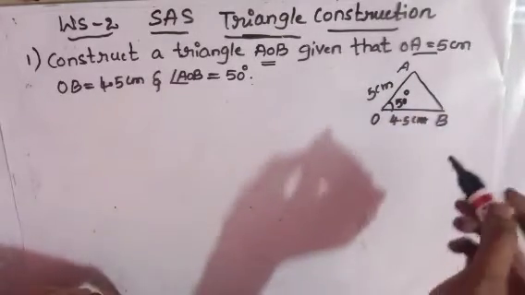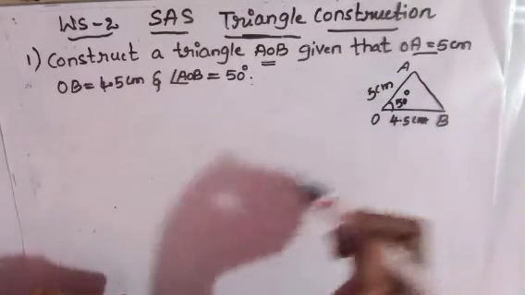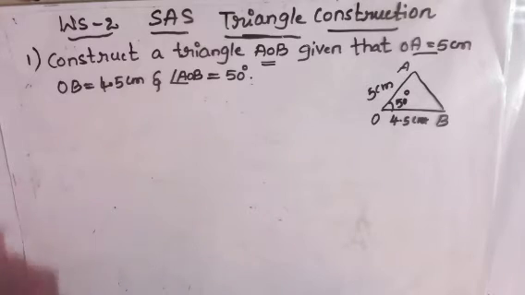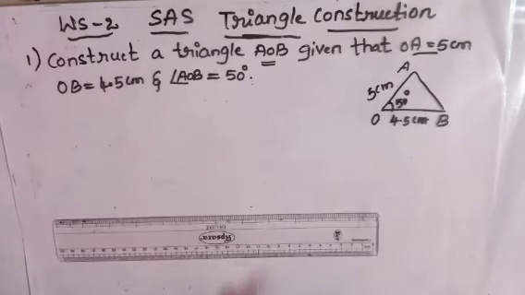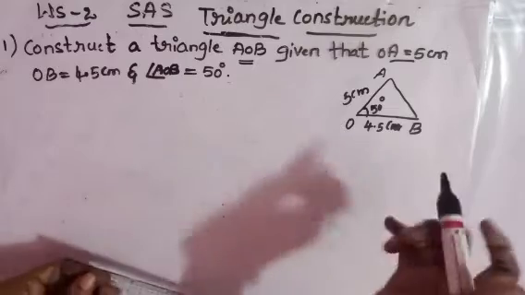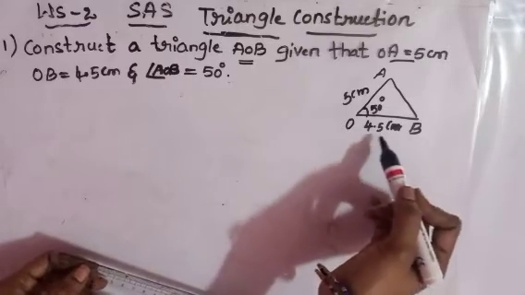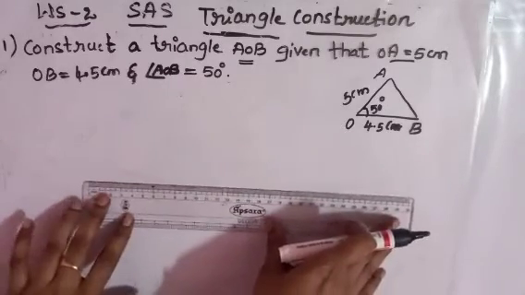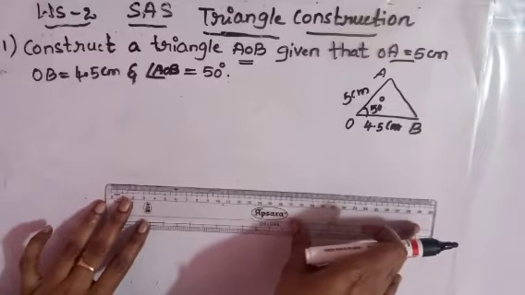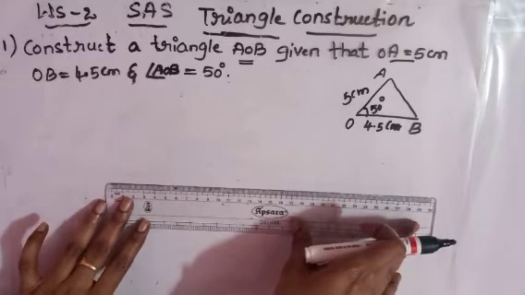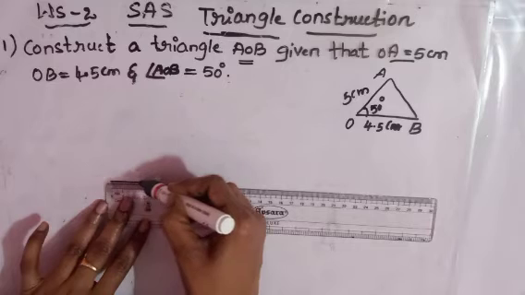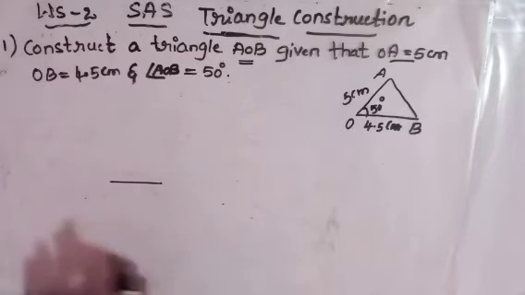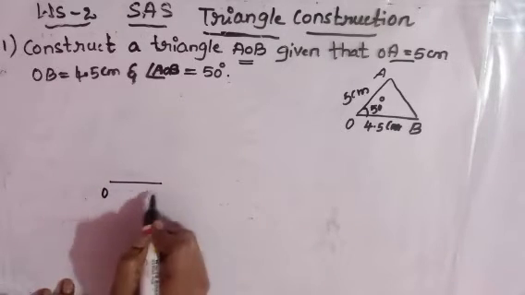After drawing the rough sketch, we have to go for the construction. So let us do construction. First we have to take base OB 4.5 centimeter. So let us draw the line segment OB 4.5 centimeter with the help of scale.